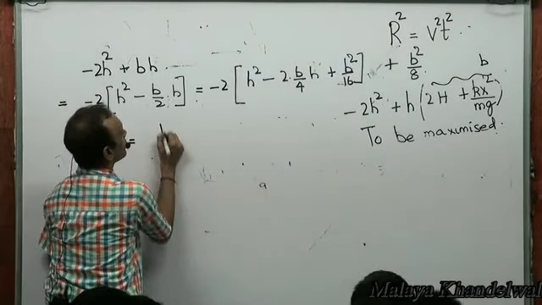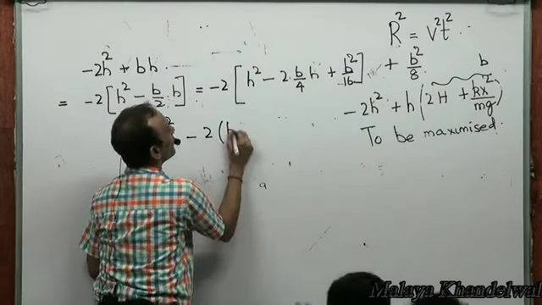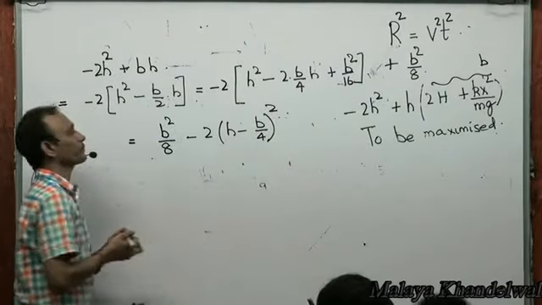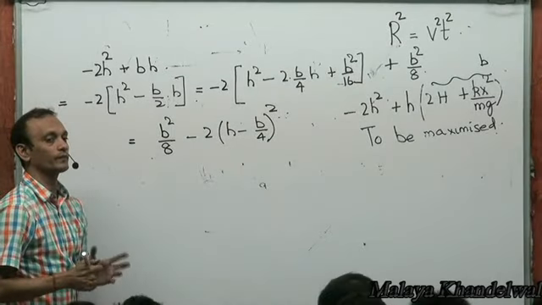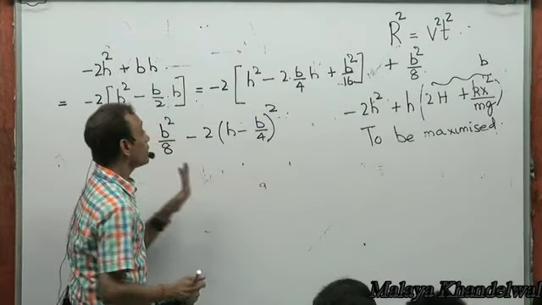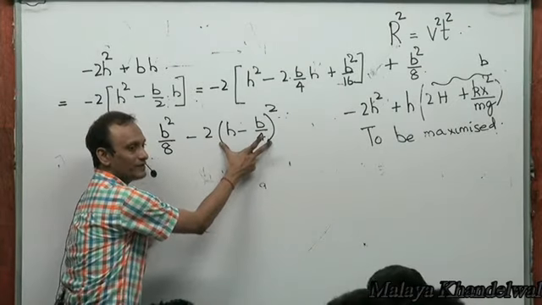Which is like b squared by 8 minus 2 into (h minus b by 4) whole square. Yes or no? Now do you realize that this is always a non-negative number?